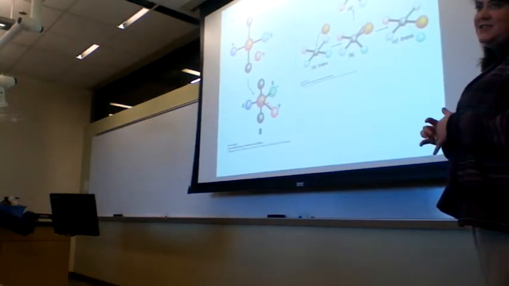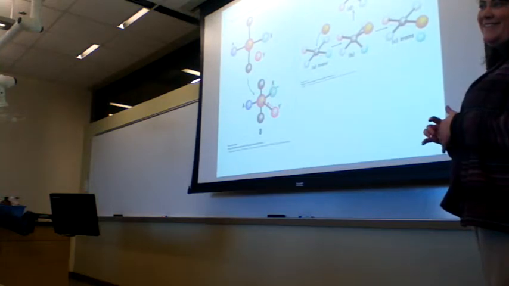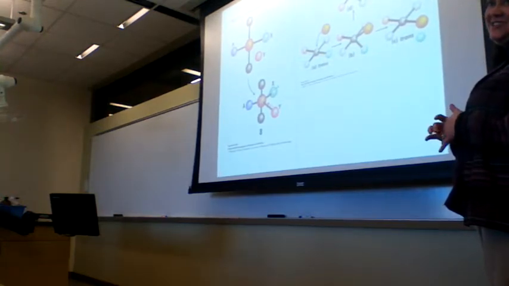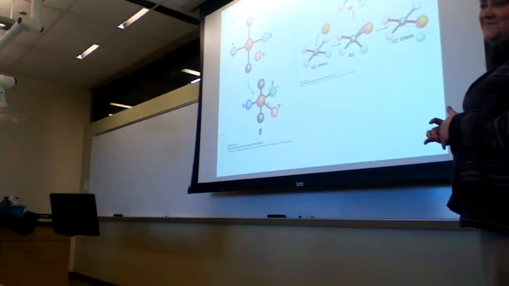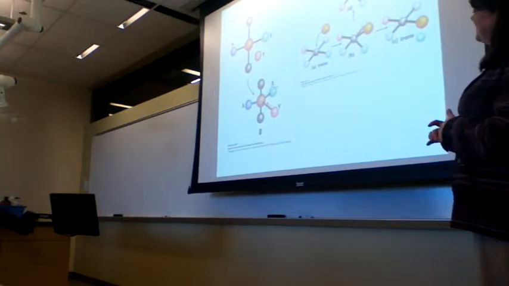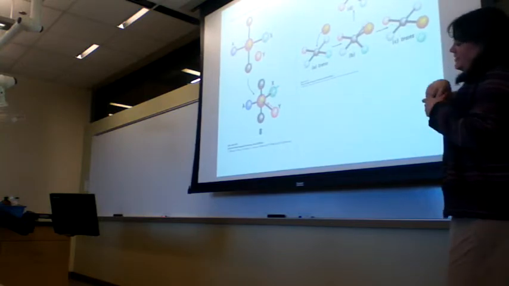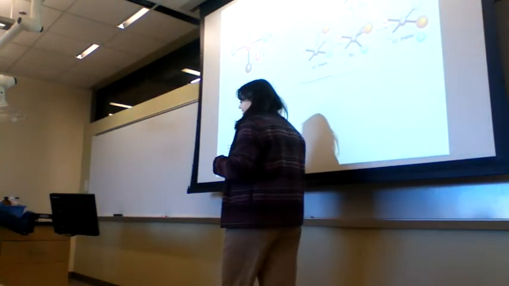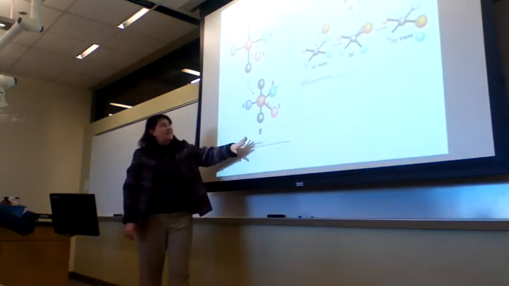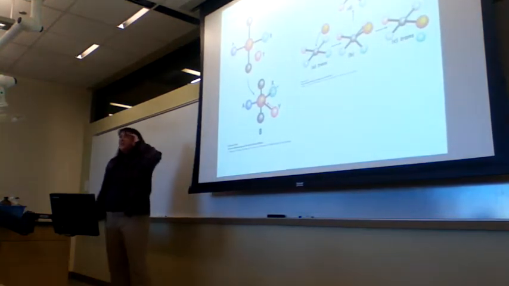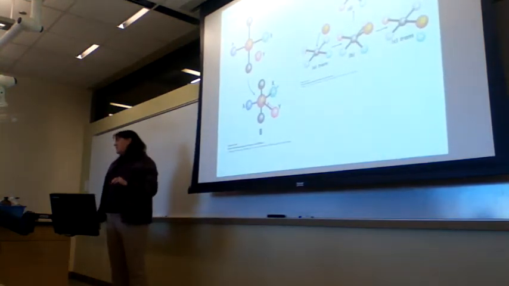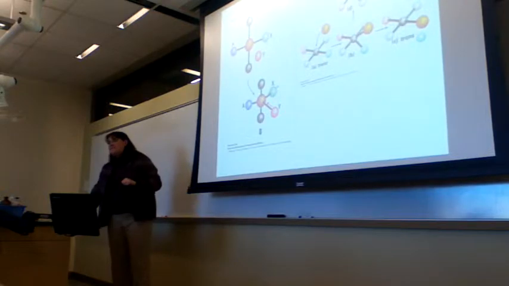Squinty eyes. Are you seeing what's happening? In all cases, we're kicking off this green ligand, okay? Whether it's over here or over there. It just has to do with the shape of the amino.